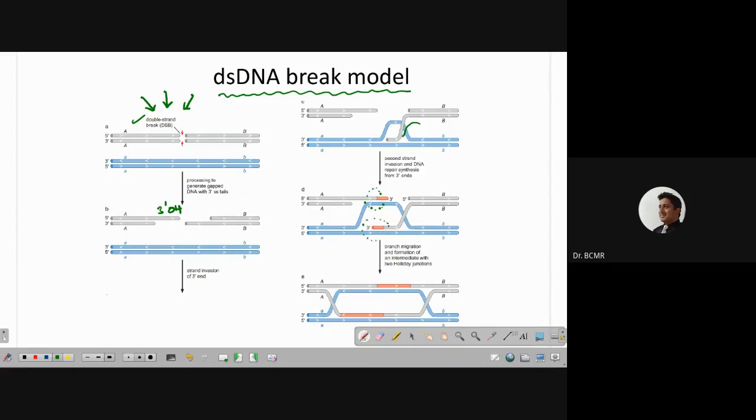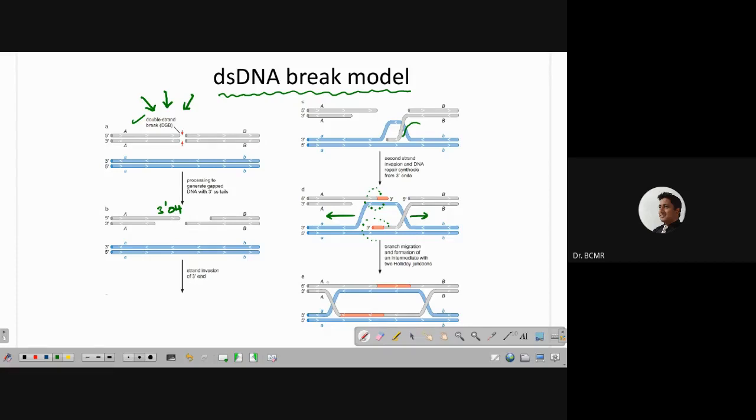You have a primer template junction, which can be taken up by DNA polymerases, and polymerization will occur. And during that process, the Holliday junctions will move further apart like this, right? That is called branch migration.